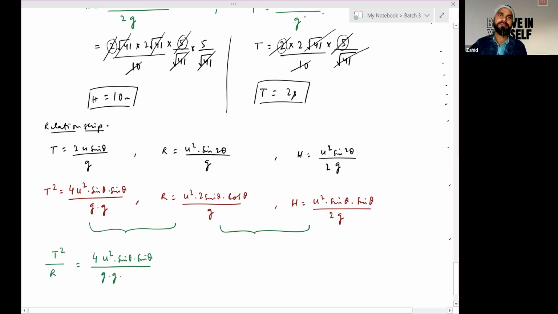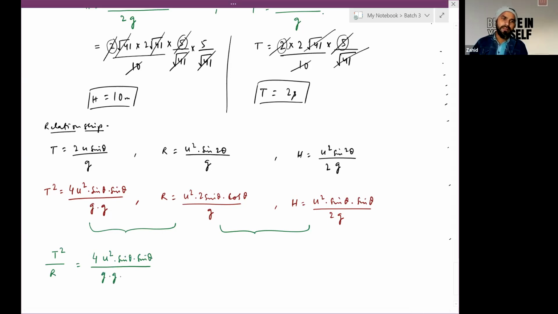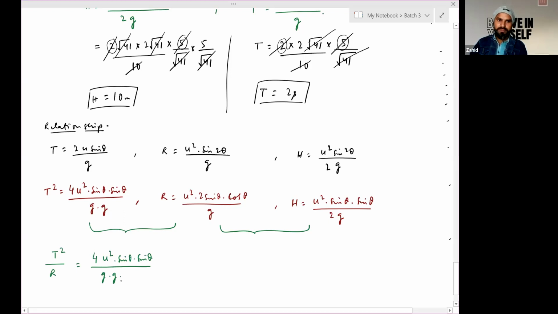This is the first part. If you put the value of range in this part, which is u square 2 times sine theta into cos theta divided by g, now just simplify it and you'll get your relationship.